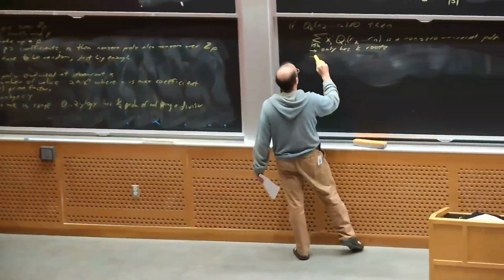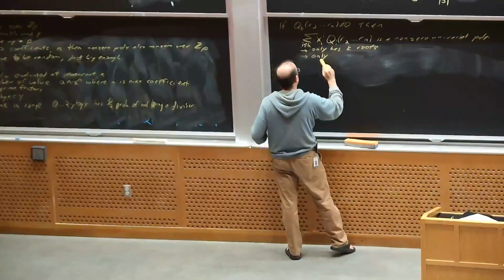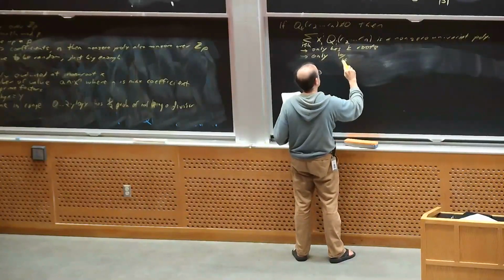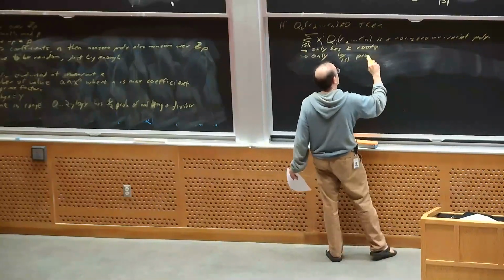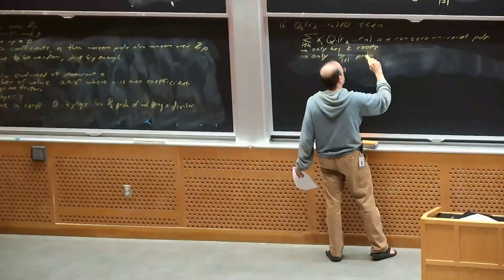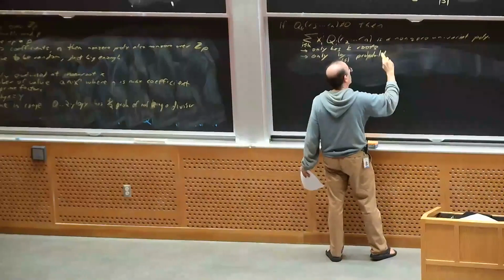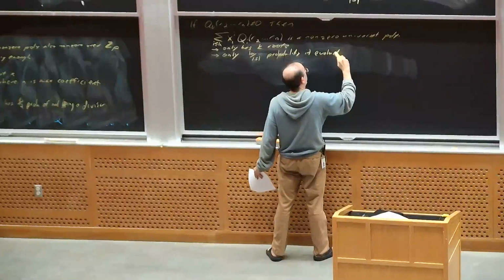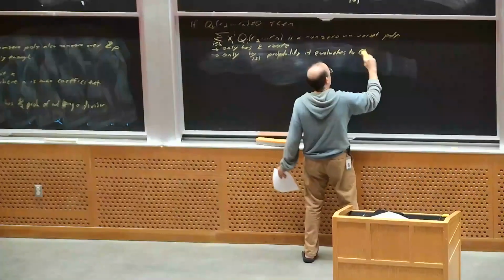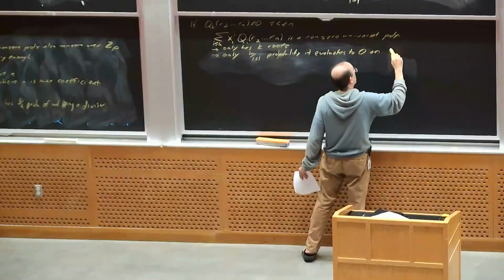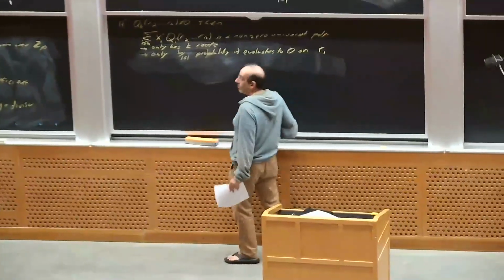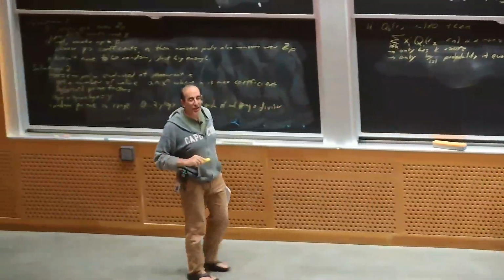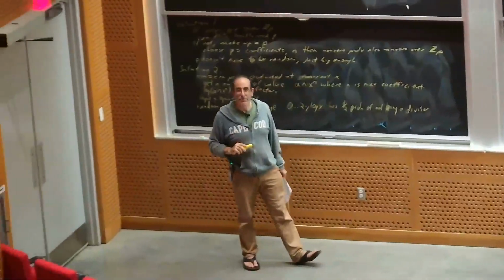So there's only a k over s probability that it evaluates to 0 on r1, the random value I choose for x1, right?